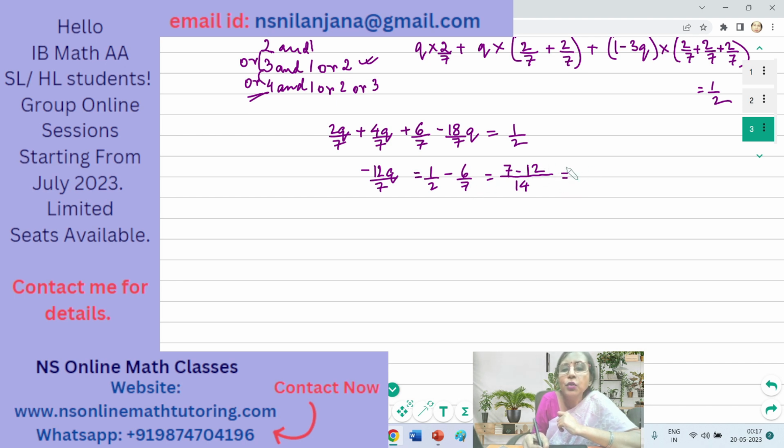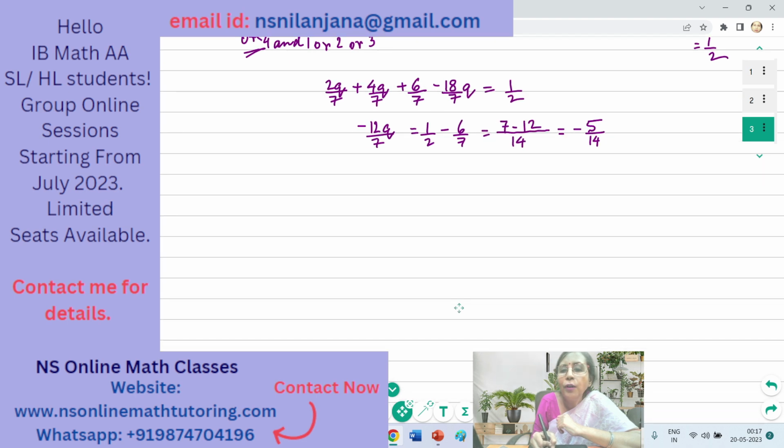So 7 minus 12 is equal to minus 5. Therefore, minus 12Q over 7 is equal to minus 5 over 14. I can cancel the two minus signs, or in fact, I can say that I am multiplying the entire equation by minus 1. So we get positive numbers.